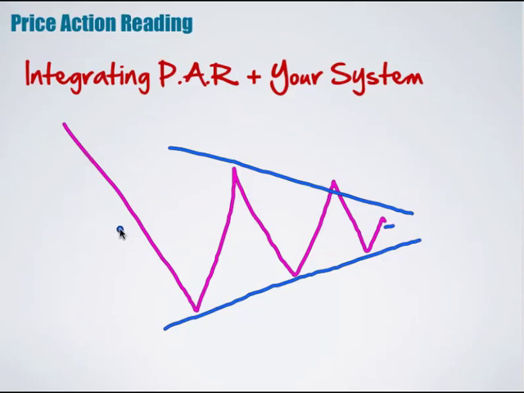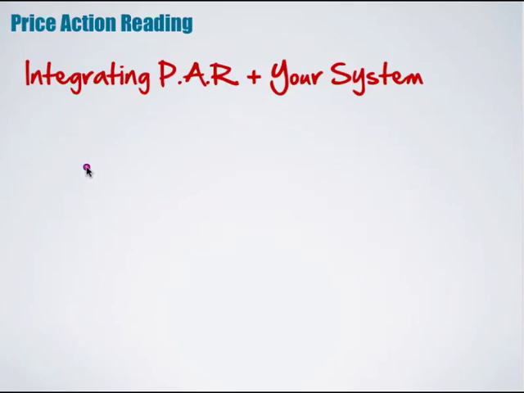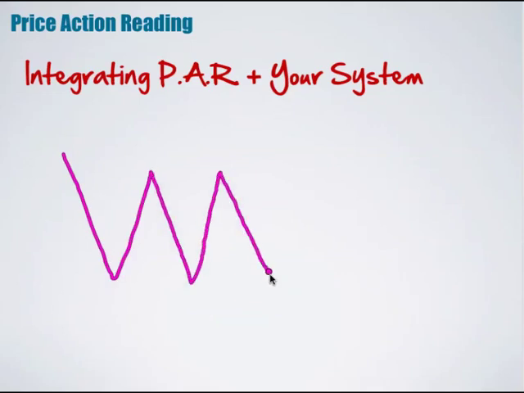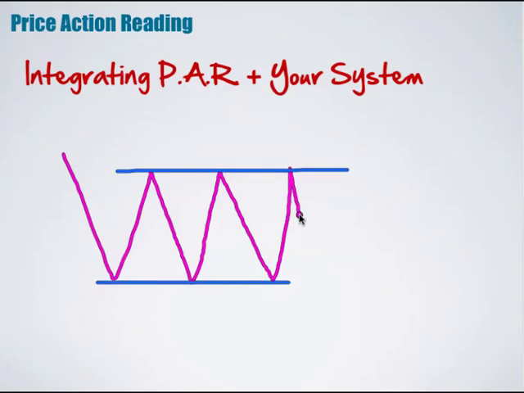Price is simply zigzagging, flapping sideways within that congestion area. By the way, this principle is equally valid whether there is enough room between your theoretical entry point and the range boundaries.